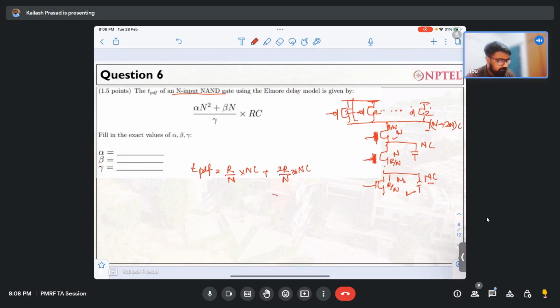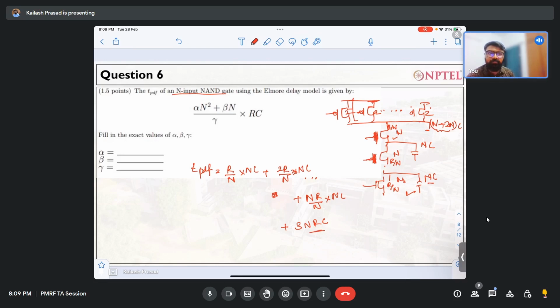It will just go on. So for the last one, nR by n into nC, plus 2n plus n, 3n, so 3nRC.